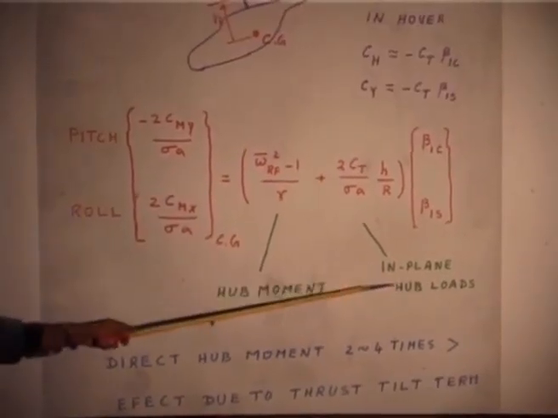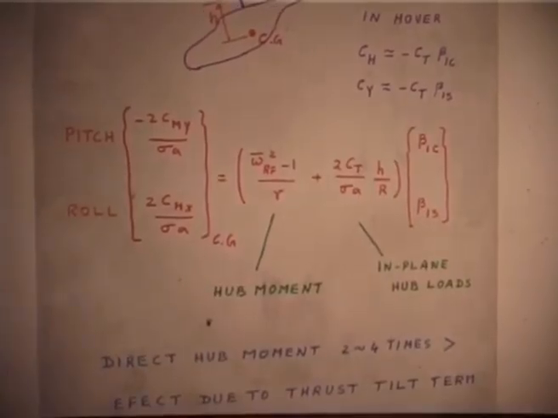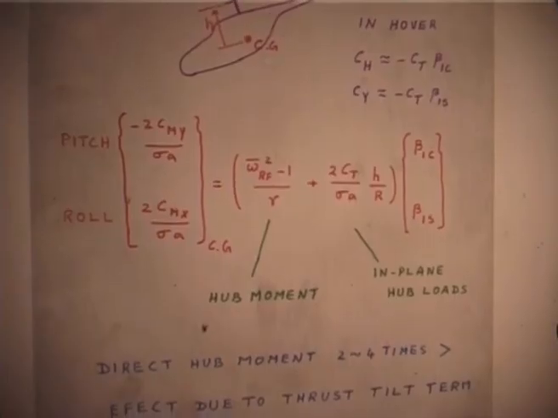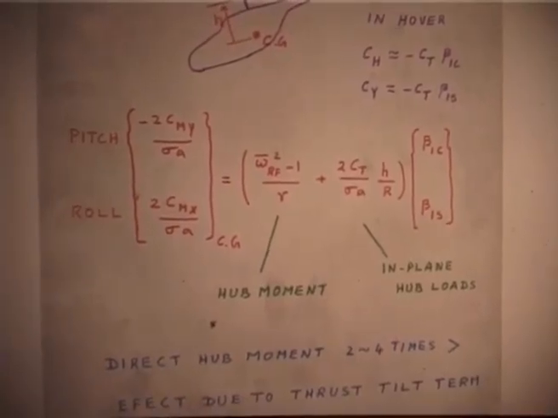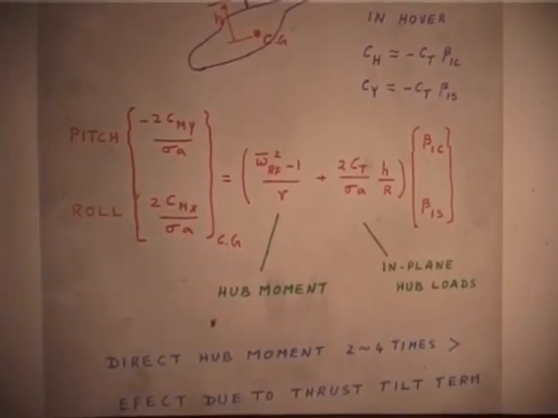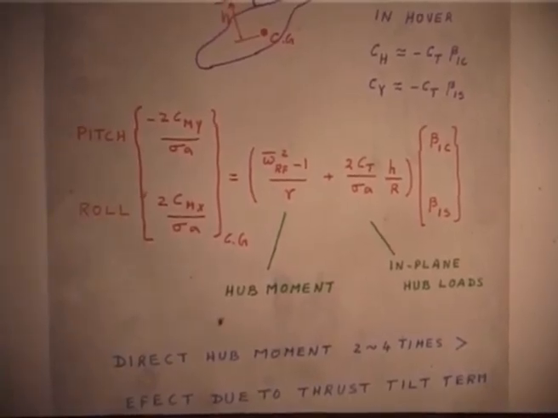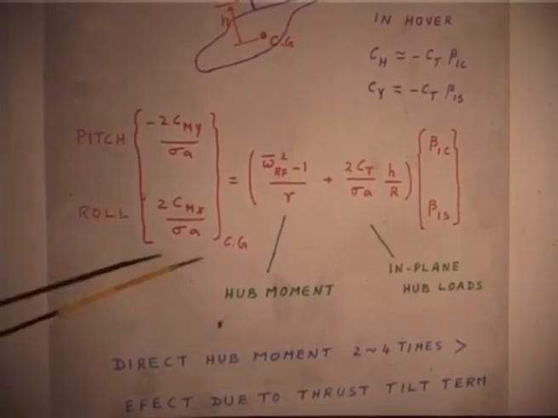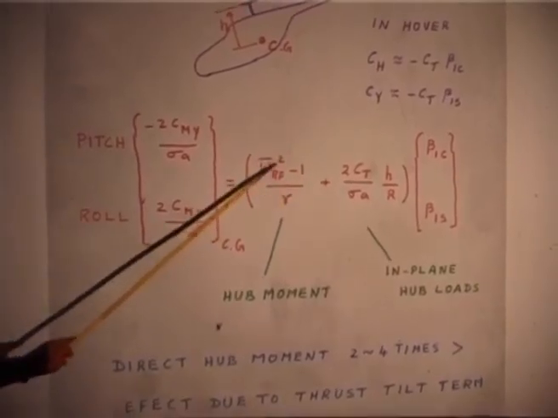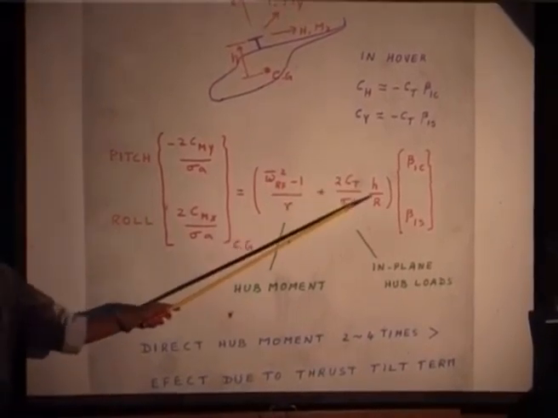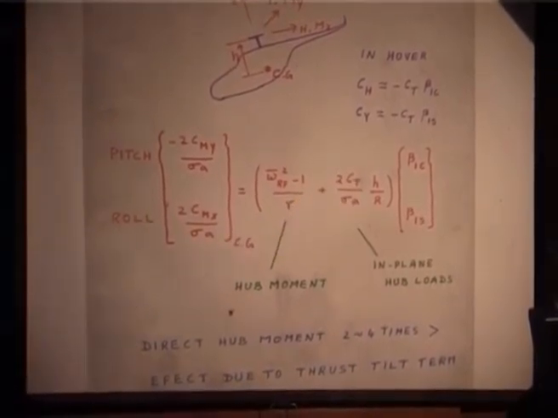These are the in-plane hub loads. Now, if you use the omega bar RF as 1.1 or 1.05 whatever, or 1.15 which is a slightly higher value, you will find this value is much higher than this value.